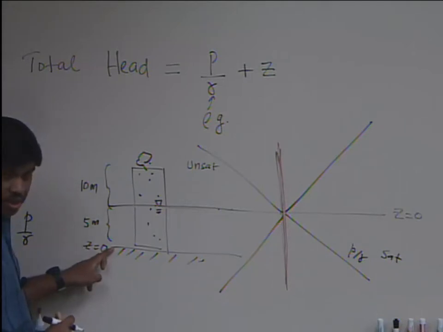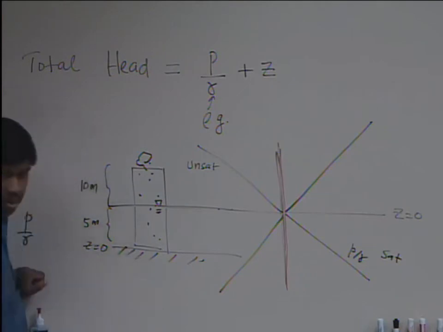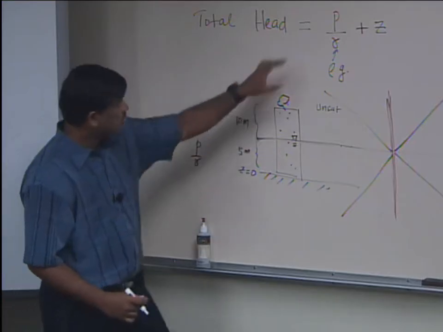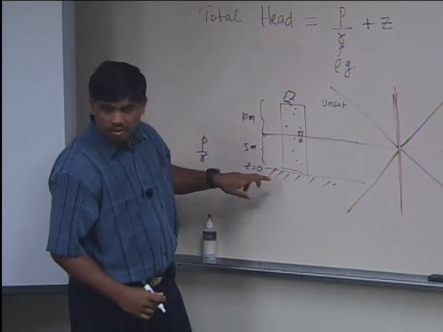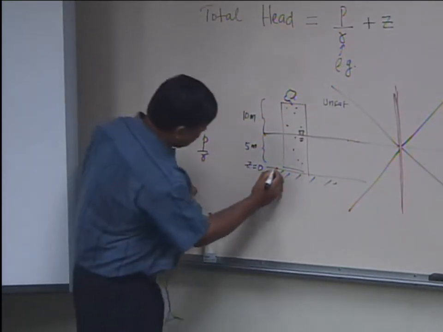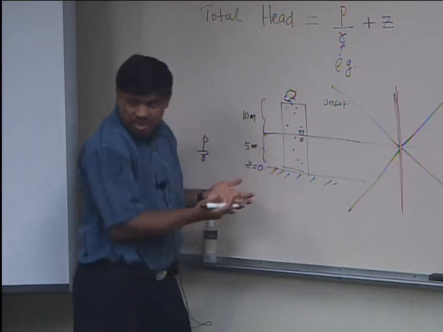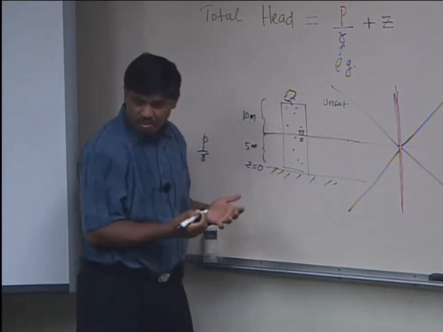What is the number? 5 meters. Because P equals 0 here, and you're under 5 meters of head, so P by gamma should be 5 meters.